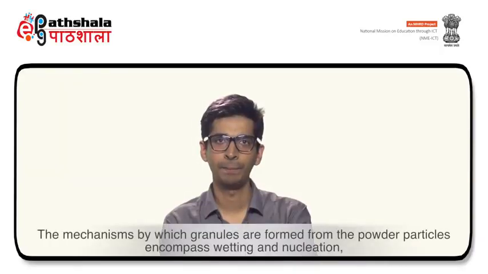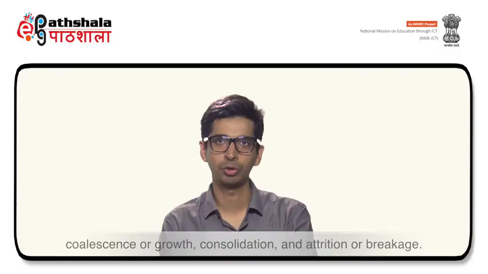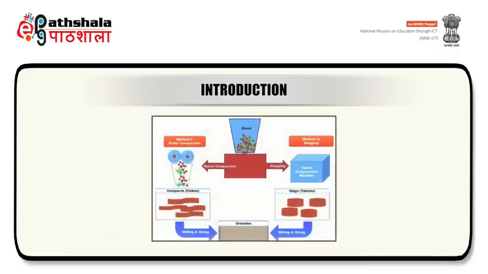The mechanisms by which granules are formed from the powder particles encompass wetting and nucleation, coalescence or growth, consolidation and attrition or breakage. A blend of powders containing excipient and drug can be compressed into tablets either by direct compression or after making granules by agglomeration or granulation technique, as described in the figure.